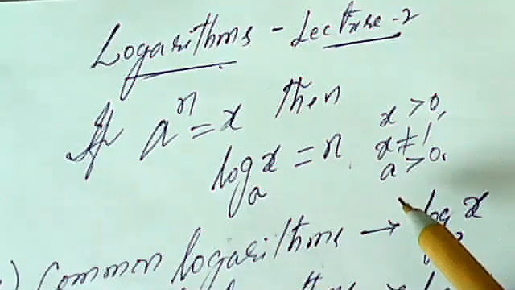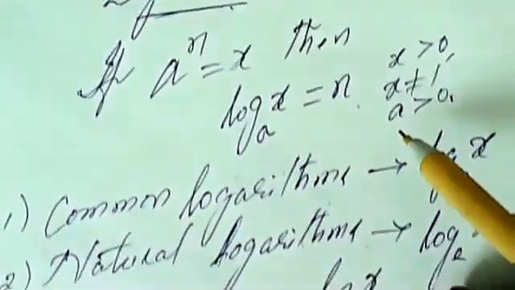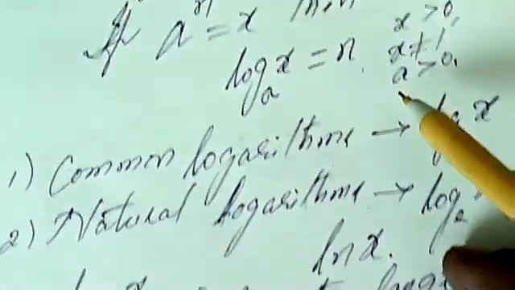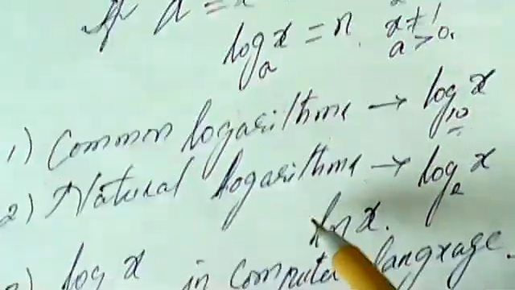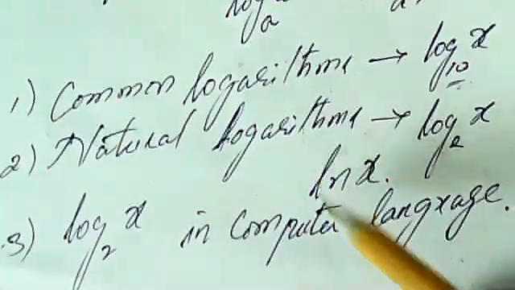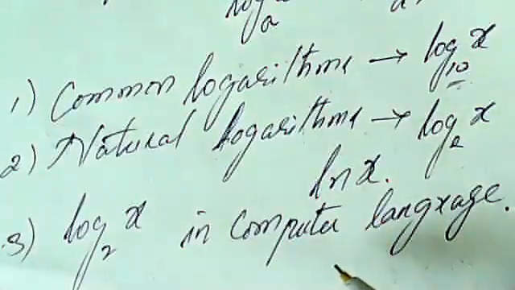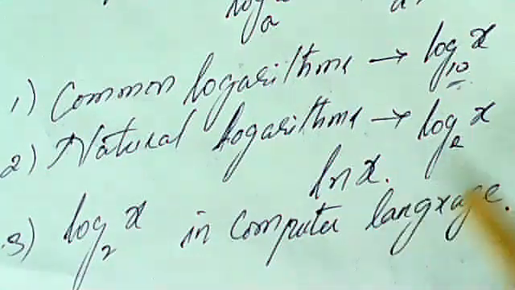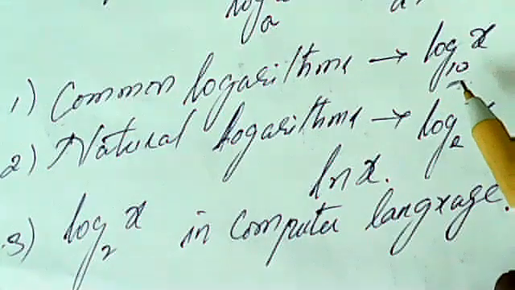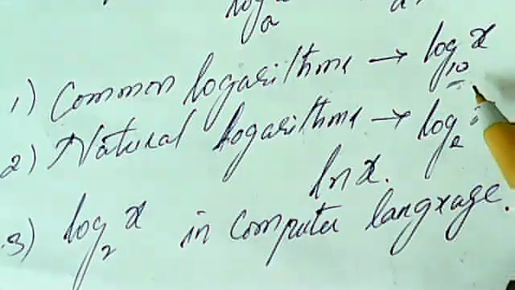Now, generally, we follow common logarithms, natural logarithms, and logarithms in computer language. In common logarithms, the base of the logarithm is 10, this is log x to the base 10.